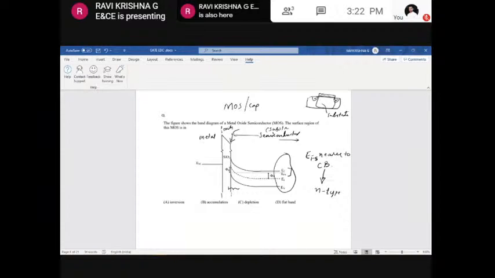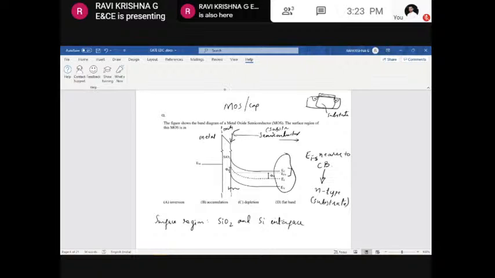Now look at this junction or interface. This dotted line is the Fermi level, this is the intrinsic level, this is the top of the valence band, and this is the bottom of the conduction band. Whenever we join two materials, band bending definitely happens at the junction.